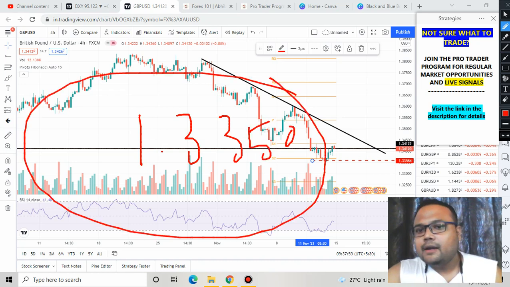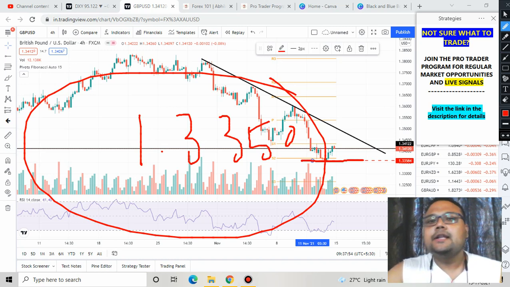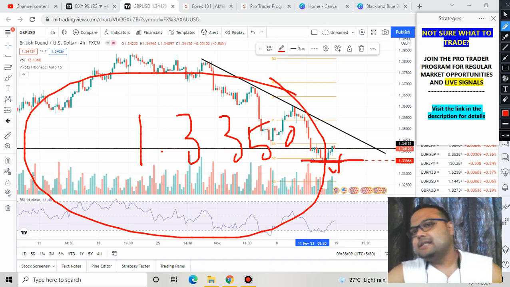If the market breaks the level of 1.3350, we will consider this as a new breakout in the market, fresh selling, and then you can take a sell position below the 1.3350 level. And most importantly, those who have taken a buy position earlier should be exiting as well.